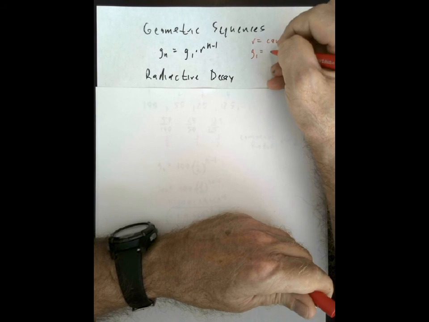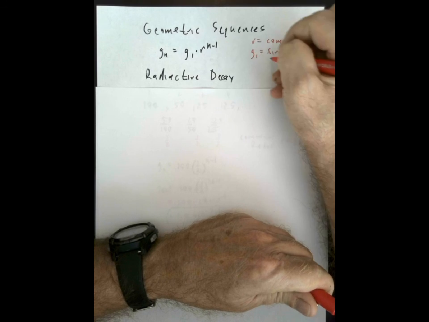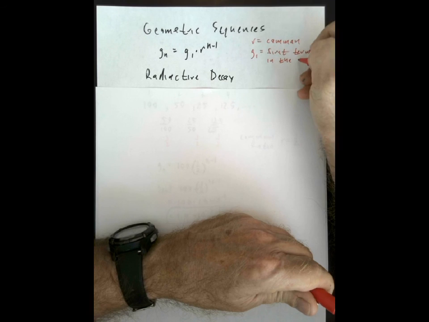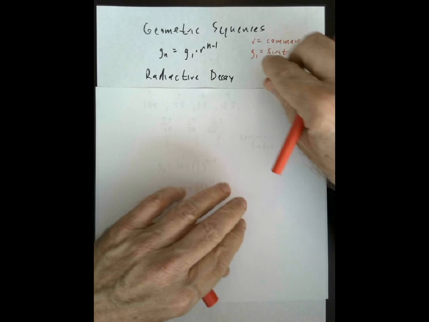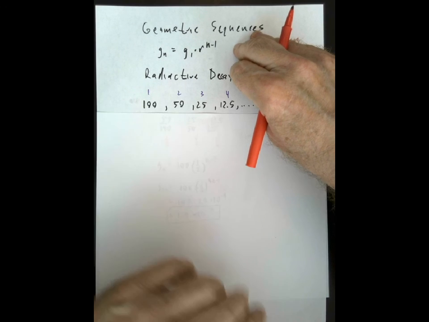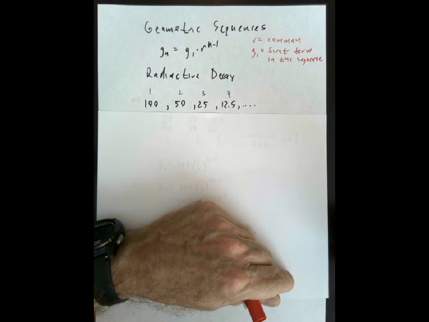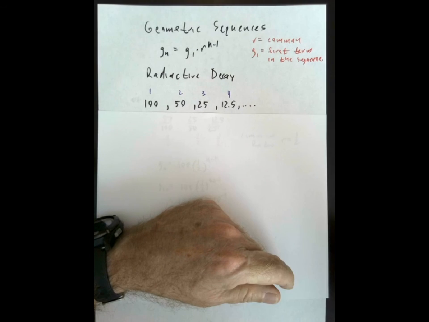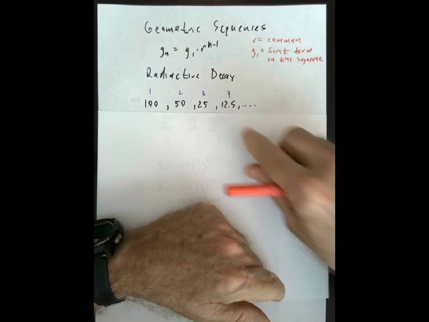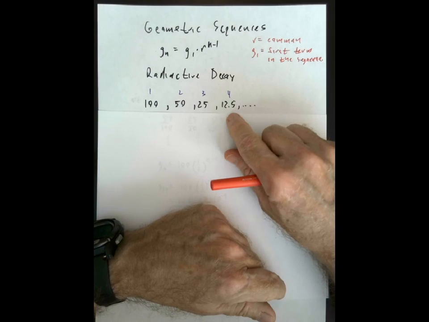Or whatever the initial amount was, right? That's the first term in the sequence. All right? Okay, so in the case of radioactive decay, we said, oh, well, what if we start with 100 grams of this element Z, and after a certain period of time, called the half-life, it's gone down to 50 grams, and after an equal amount of time, it's gone down to 25 grams, and after the same amount of time, it's gone down to 12.5.